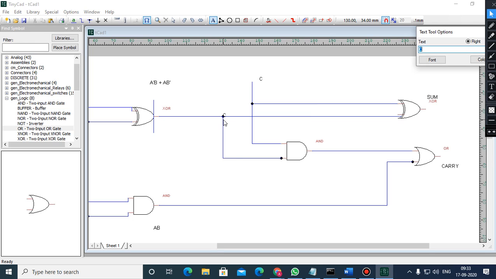If you focus on this line, it is the output which is coming like A complement B plus AB complement, and here I am getting C. So at this point I am getting C within bracket A complement B plus AB complement.